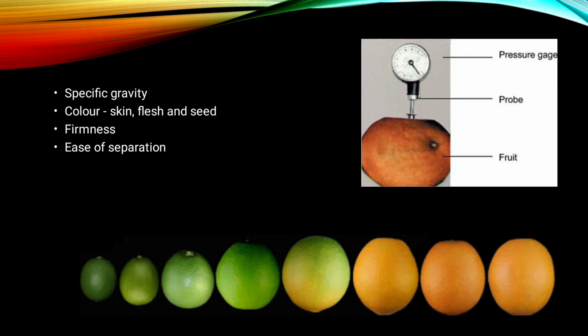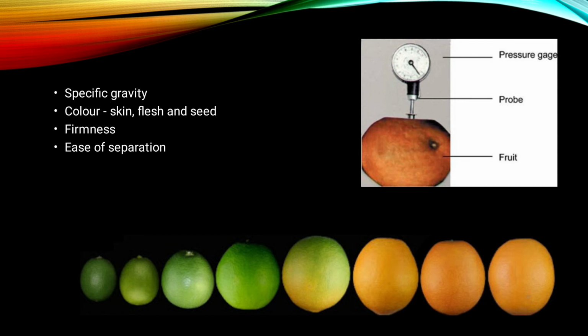After that, color, that is skin, flesh and seed colors. Generally the seed we do not see visually; we have to break or cut the fruit. But the skin and flesh are easily visible to our eyes. So the skin color changes. At the bottom you can see one row of oranges, from the size of a lemon to the fully developed orange.